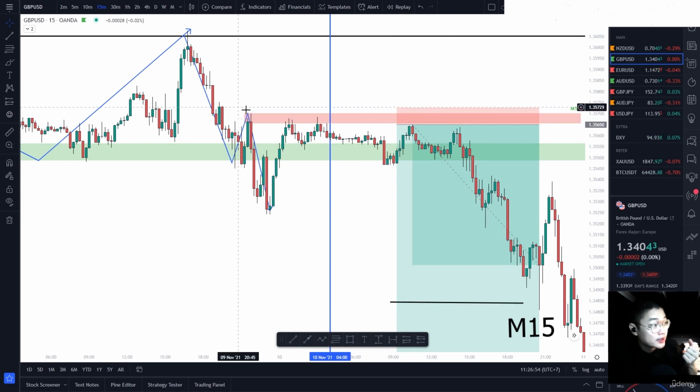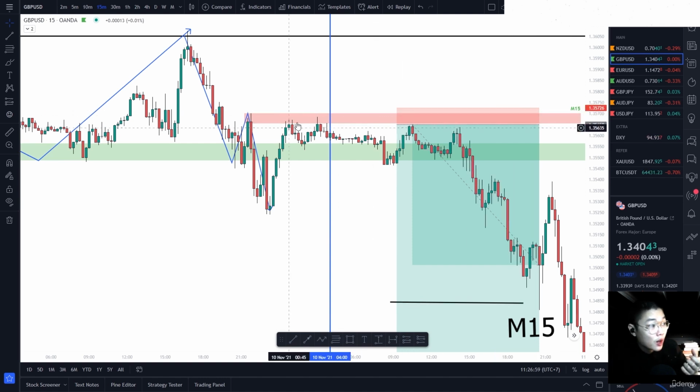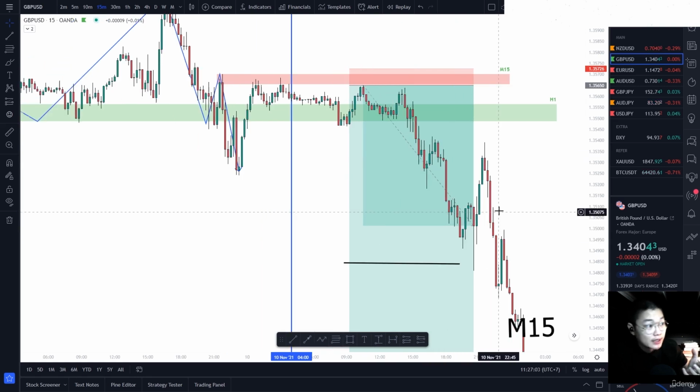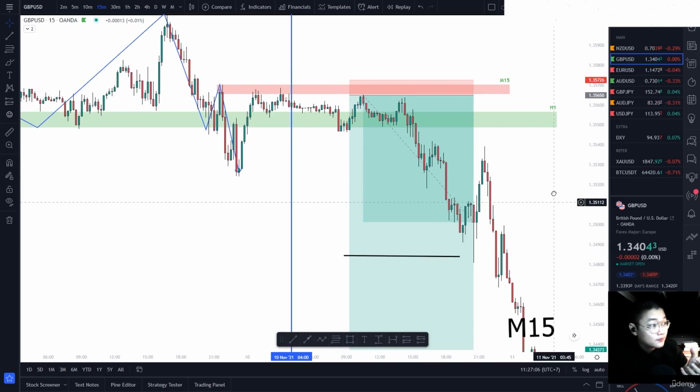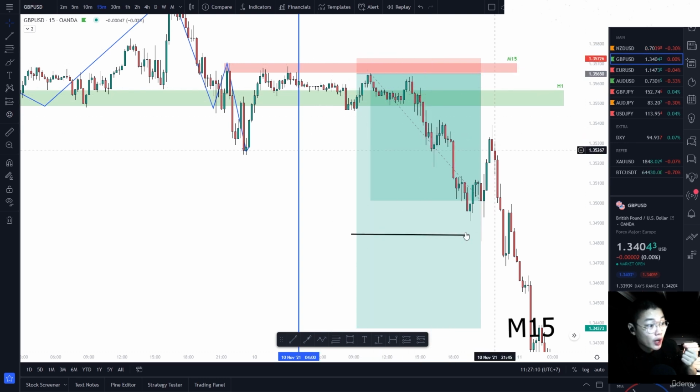You can see that price tested this supply zone of the 50 minutes time frame 1, 2, 3, and 4 times before price could go very strongly. My order opened at that time, and price went very strongly until the demand zone of the 1 hour.